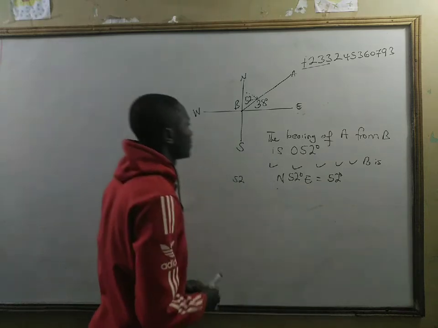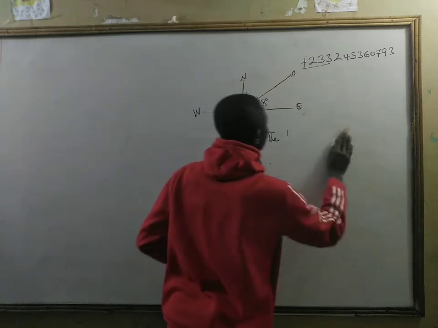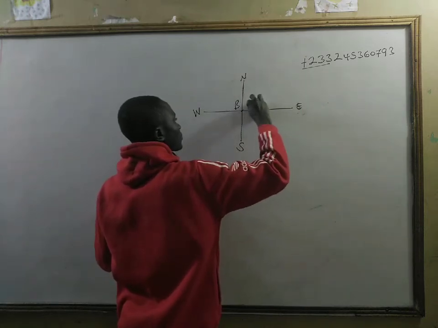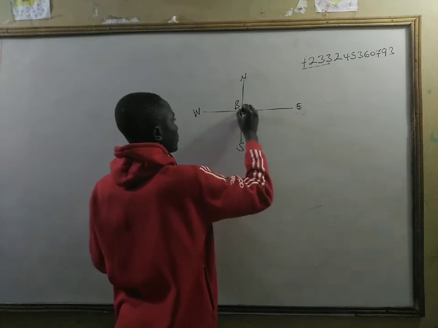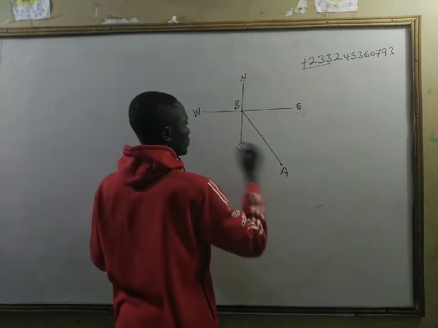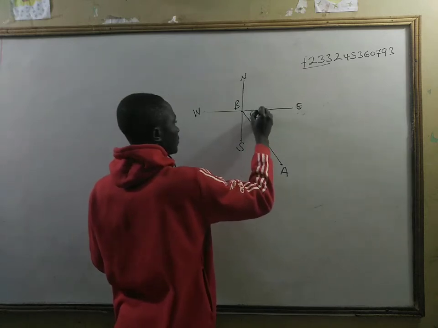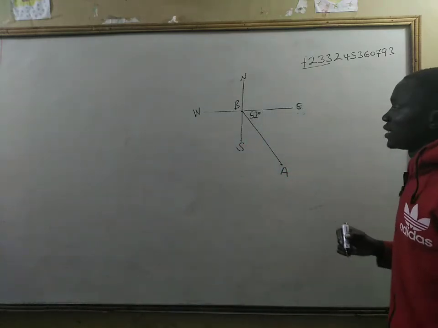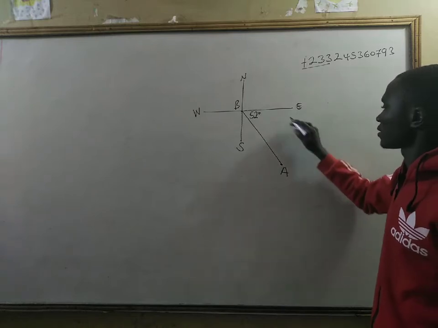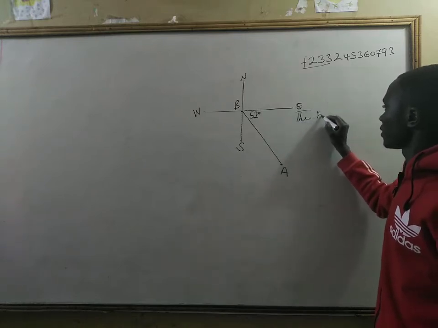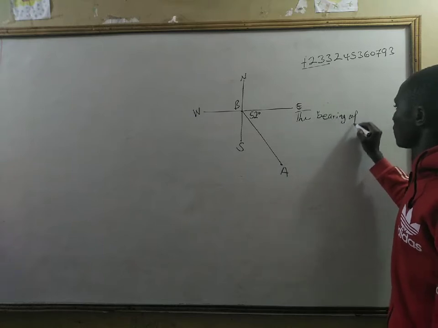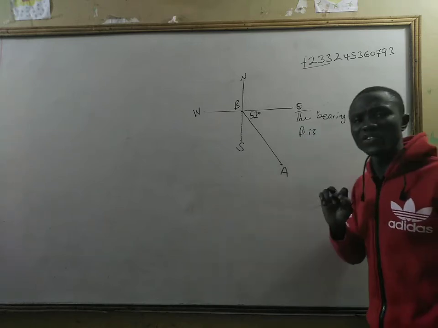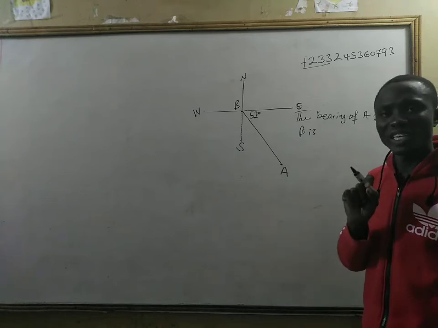So let's see. What about this one? This one, in terms of the three-figure bearing, you write the bearing of A from B is, the three-figure bearing is being measured from the geographic north.